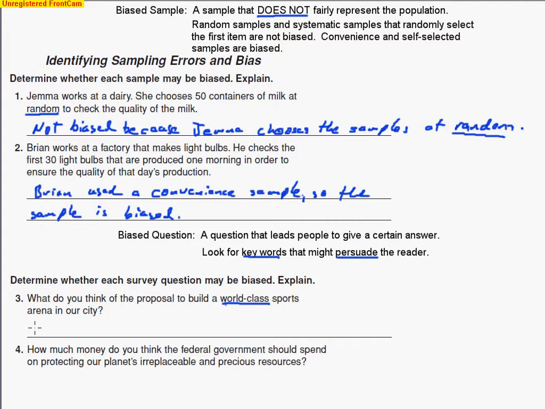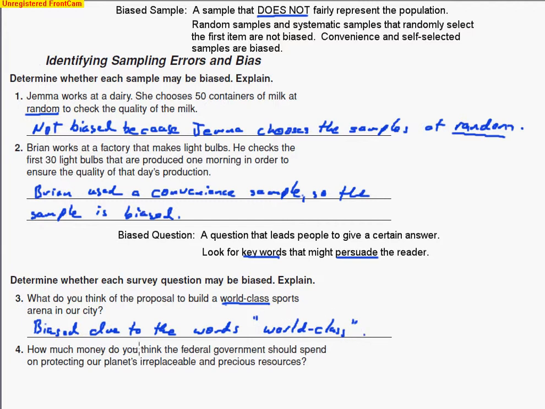So the key, it's biased due to the words world class. Those words tell us that it might be better than it really is. So due to the words world class, that makes that question biased.